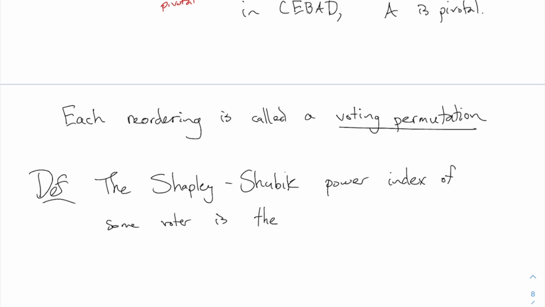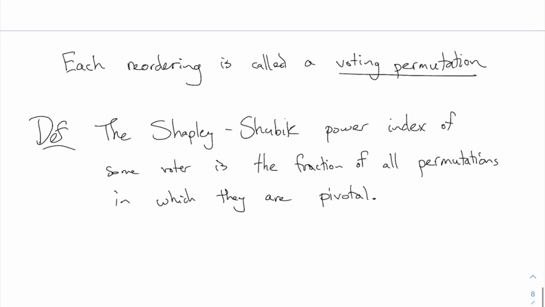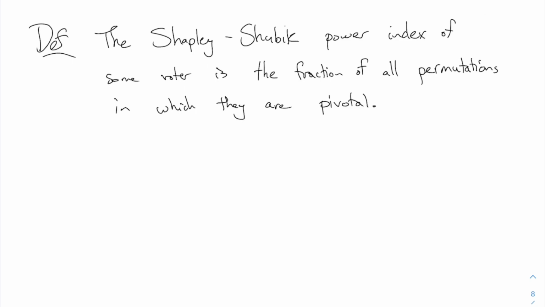The Shapley-Shubik power index of some voter is the fraction of all permutations in which they are pivotal. So for example, if A is pivotal in half of all the permutations, then their Shapley-Shubik power index is 1/2, or 50% if you like it as a percentage. The Shapley-Shubik is the fraction of all permutations in which they are pivotal.